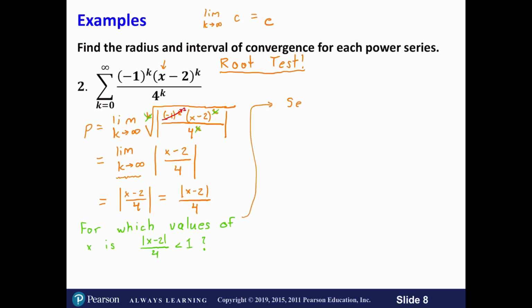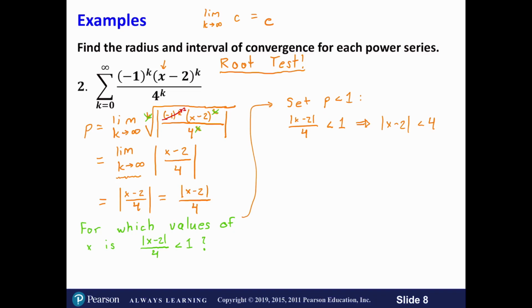So we set rho less than 1, which means that we set the absolute value of x minus 2 over 4 less than 1. This implies, if we multiply both sides by 4, that the absolute value of x minus 2 is less than 4.